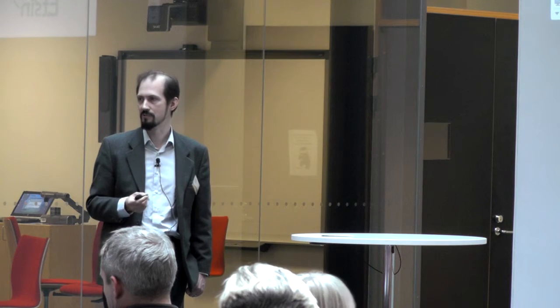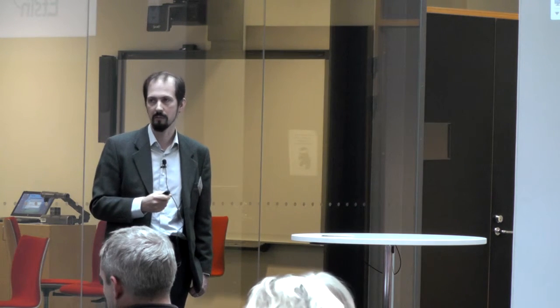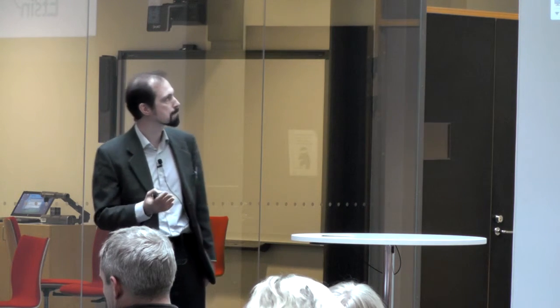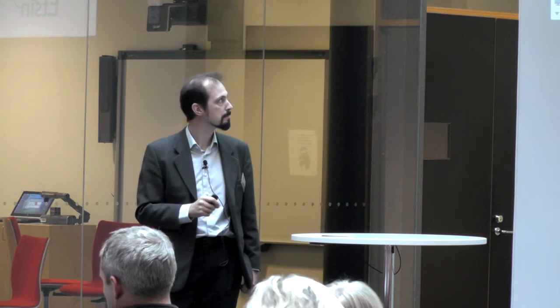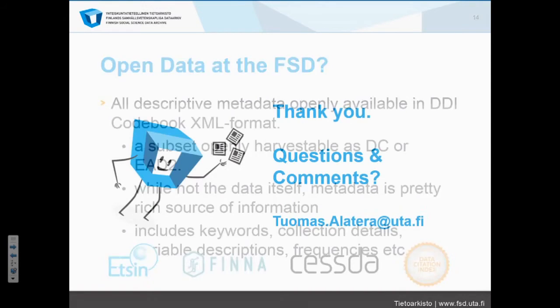That already is a rather rich source of information with all the variables and keywords described. And these services that are funnily on top of my text there are already using the metadata resources we share openly. So it's in Finna, Sesta, and Thomson Reuters Data Citation Index, for example.